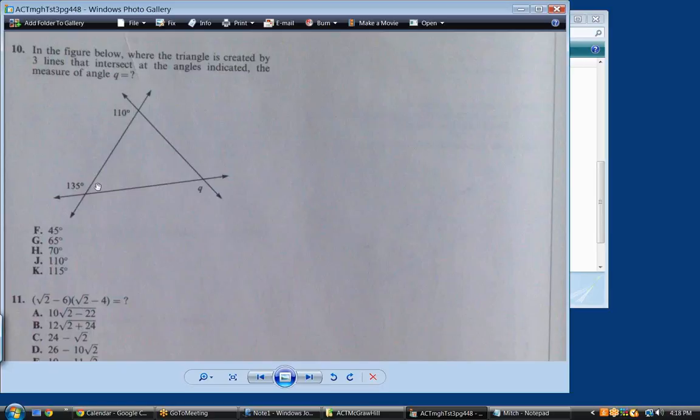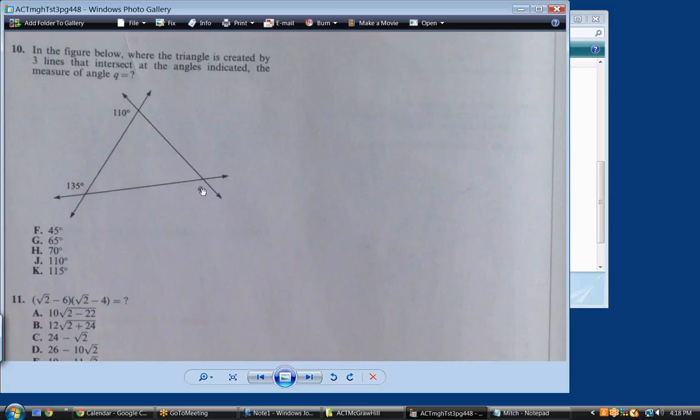Once you have this one and this one, you know that Q is the exterior angle, and it's always equal to the other two angles, not the one that it's next to.